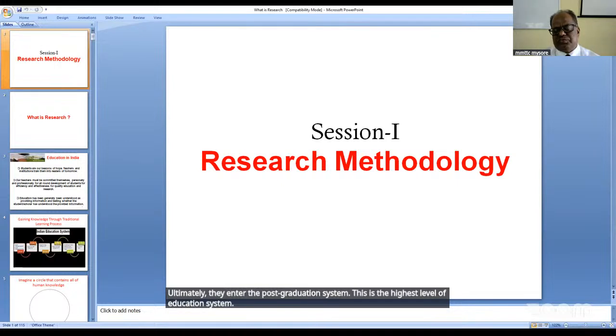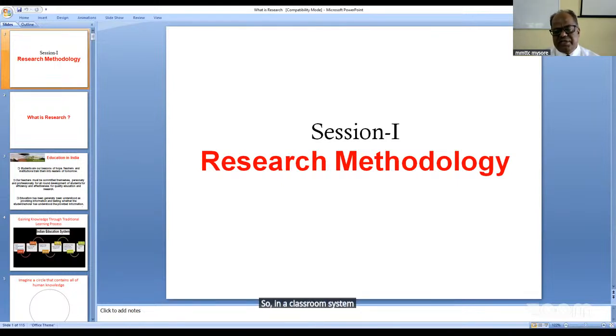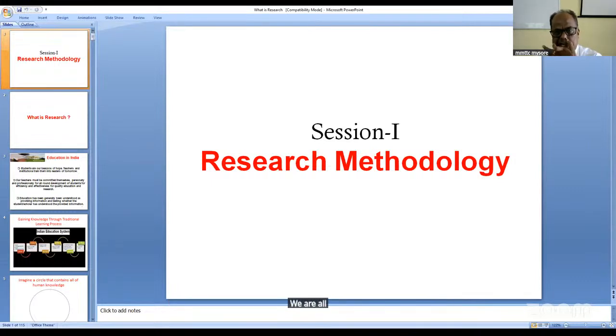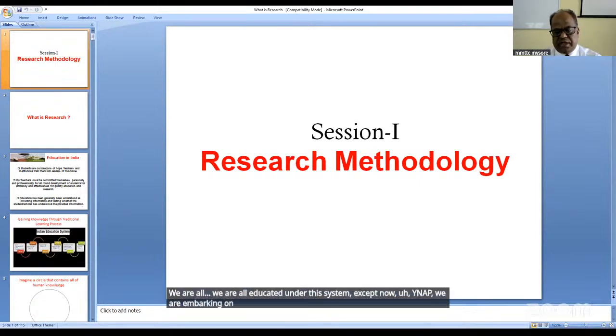So in a classroom system, the teachers deliver, students understand, and finally they write exams and go with a certification system. This is the process of how gaining of knowledge through the traditional learning process takes place in the Indian education system. We are all educated under this system, except that now with NEP we are embarking on a 4-year degree. So let us see how it will unfold.